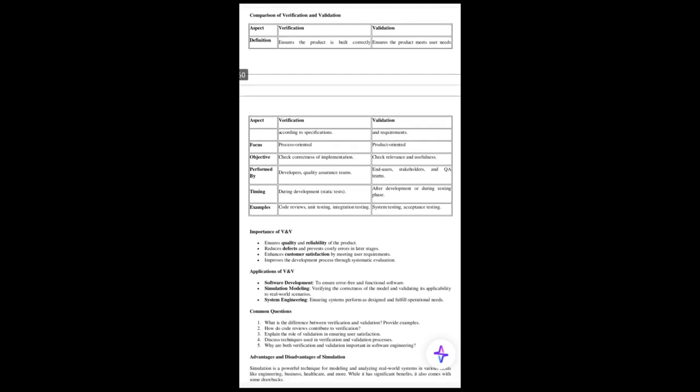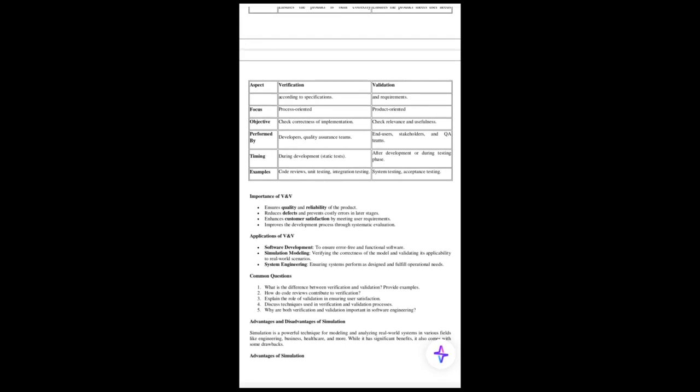Next, the objective of verification is to check correctness of implementation, while validation checks relevance and how useful the product is. Verification is performed by developers and quality assurance teams, while validation can be done by end users and stakeholders. Timing: verification is done during development, and validation is done after development, in the implementation process.